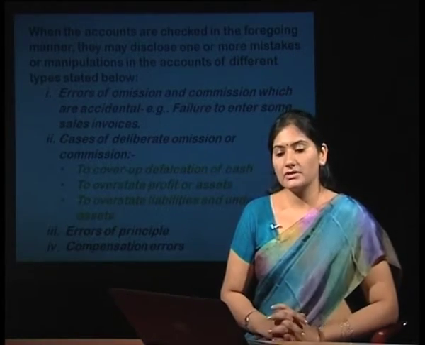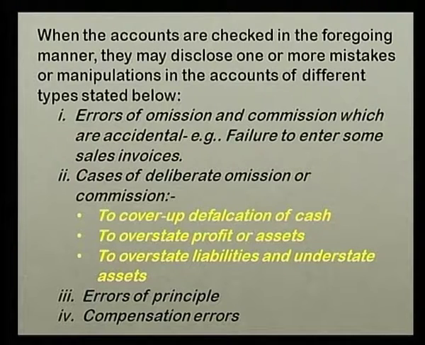Now, when the accounts are checked in the foregoing manner, they may disclose one or more mistakes or manipulations in the accounts of different types, as below. The first one is errors of omission and commission which are accidental. There could be an instance where the mistakes are committed, but there is no intention behind it, that is, it does not have any malafide or guilty intention.